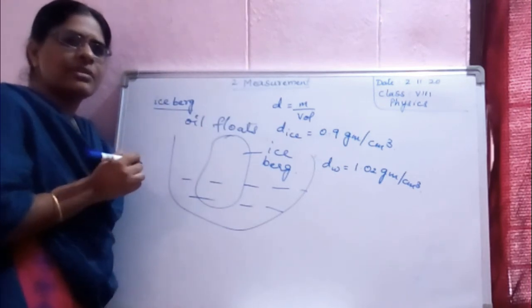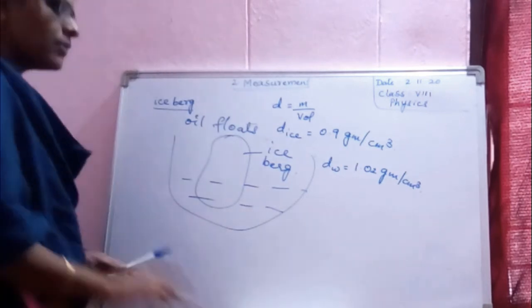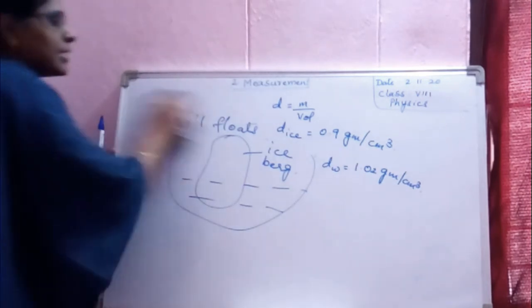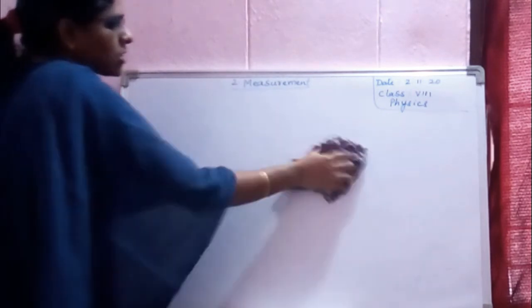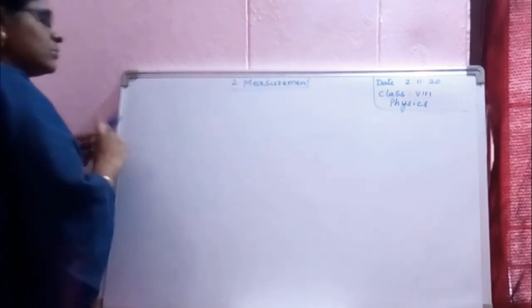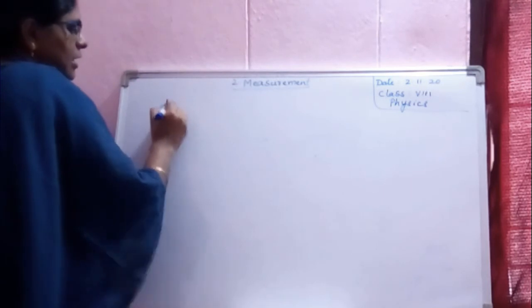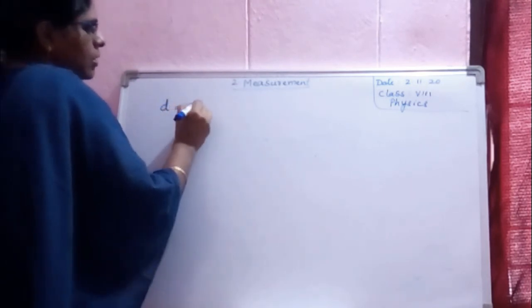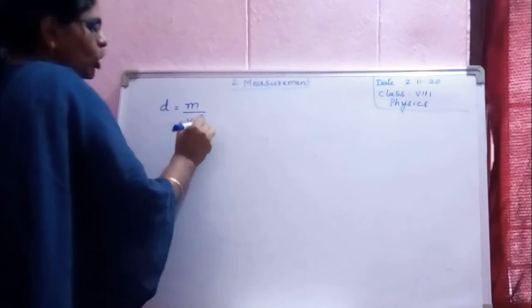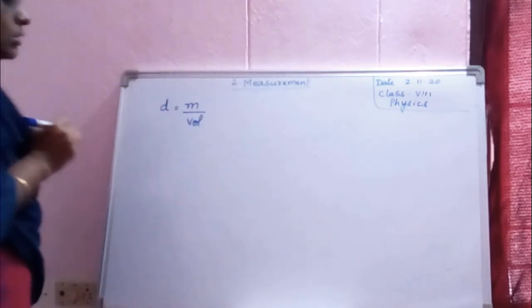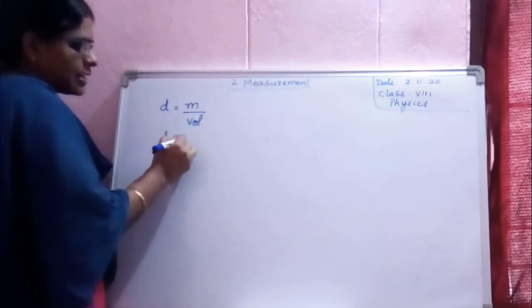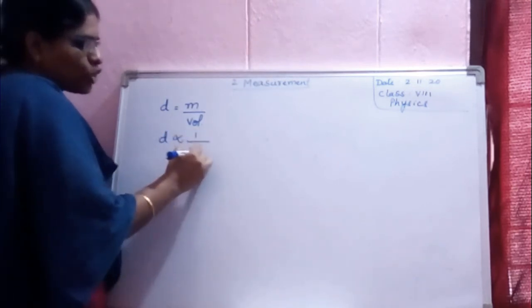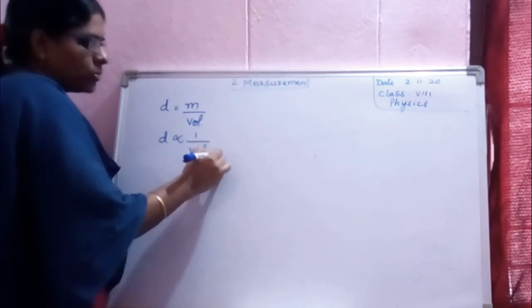Okay, children? Next you have, how does density depend on states of matter? What are the states of matter? Density, how to define? Mass by volume. See here, children, density is inversely proportional to volume.